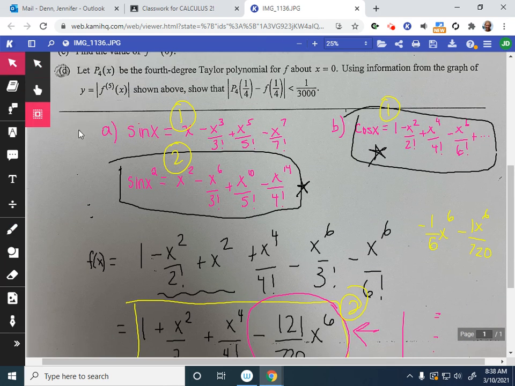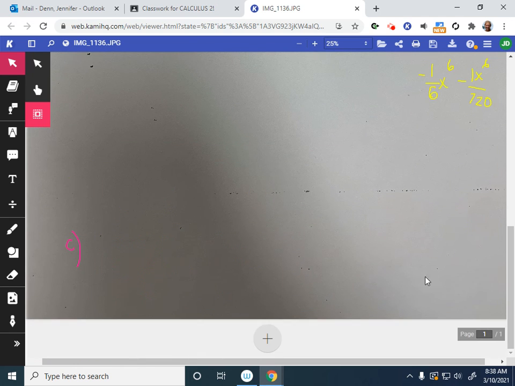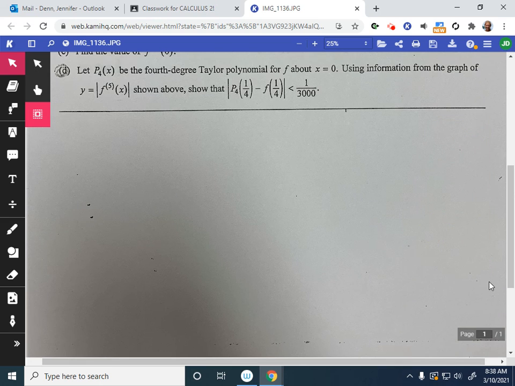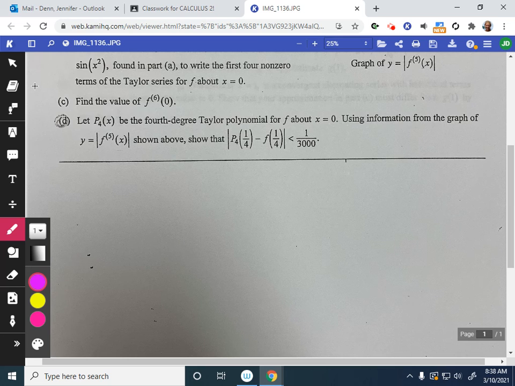So this last part is error. And like I said, I don't think I've done a great job at explaining error. So let me first say, what I would be confused about if I were you is how do I know the difference between using literally just the next term? Well, first of all, how do I know they want error? Well, when I see this notation, this tells me they want error.